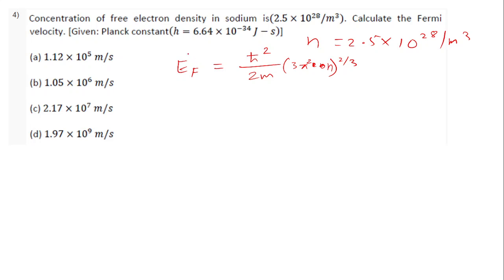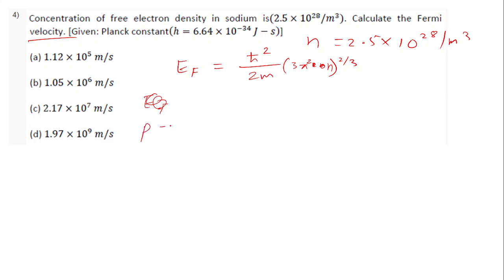Now I don't need to find energy, but I need to find the Fermi velocity. Now we know energy, or indirectly could have done this way.